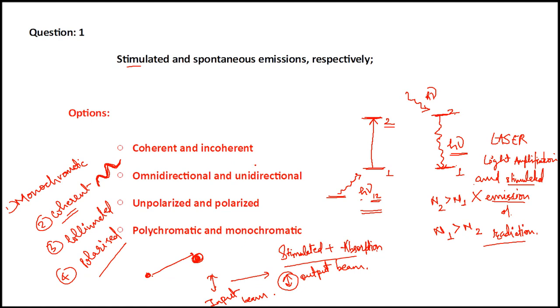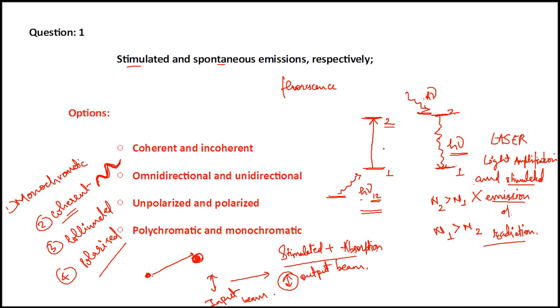If the input beam is in this direction of polarization, the output beam will also be in the same direction of polarization. But unlike this, the spontaneous emission, which includes emission like fluorescence, or a normal case where you do not need any stimuli for the emission, is called spontaneous. It does not need any driving force to occur, and that's why it is called spontaneous emission.